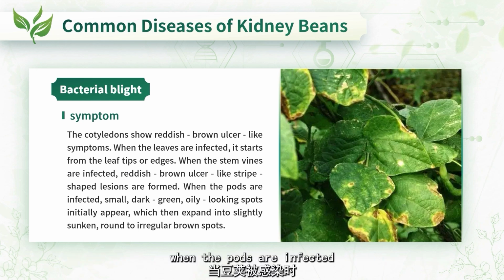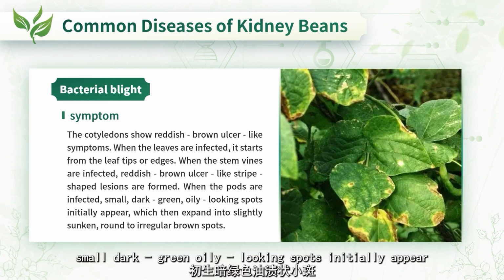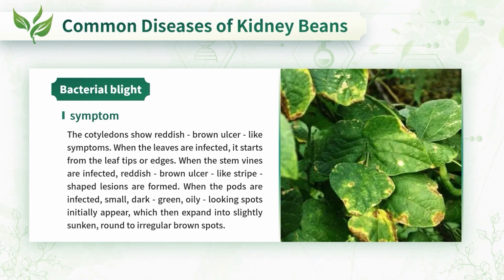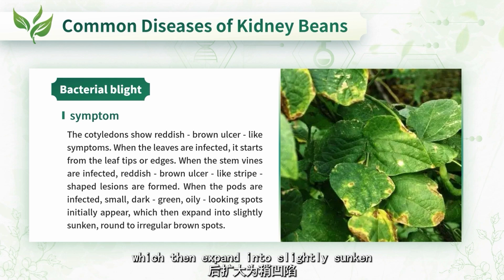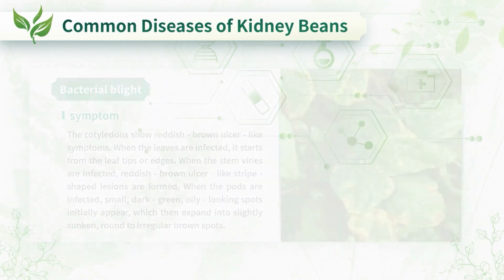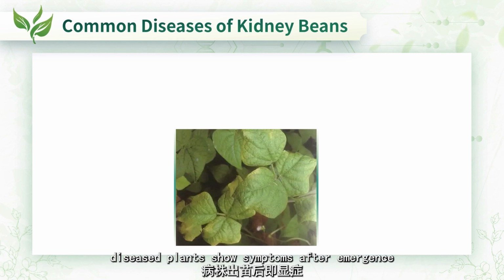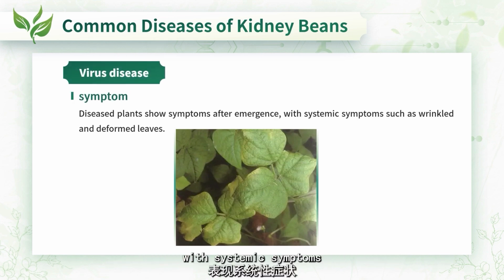When the pods are infected, small, dark green, oily-looking spots initially appear, which then expand into slightly sunken, round to irregular brown spots. Virus disease. Diseased plants show symptoms after emergence, with systemic symptoms such as wrinkled and deformed leaves.